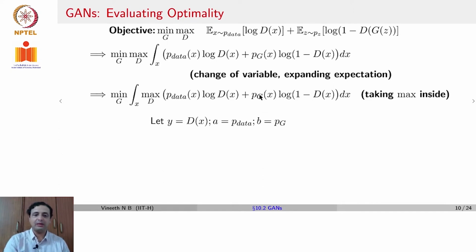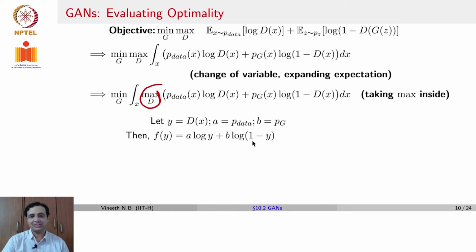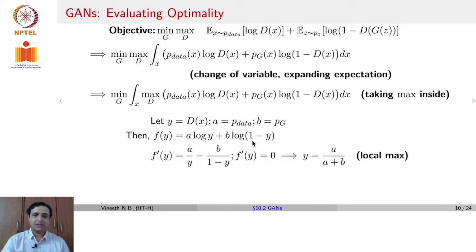So then you can write this entire integrand as f of y is equal to a log y, remember a is p data, D of x is y, and similarly b log 1 minus y. We ideally need to know when you attain the maximum over D, or maximum over y, for such a function. To find the maximum of a function, you need to take its derivative and set it to 0. So let's do that.